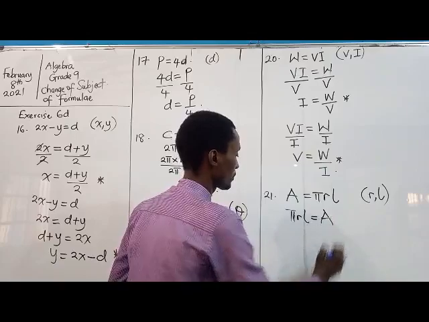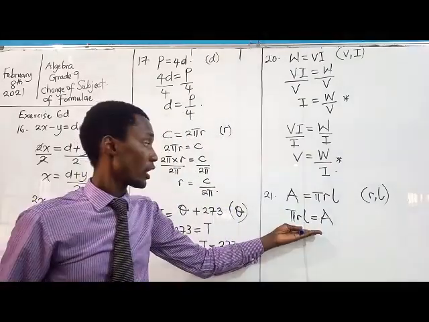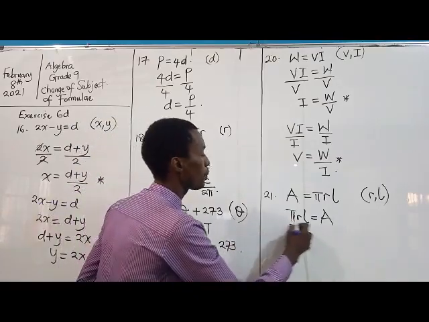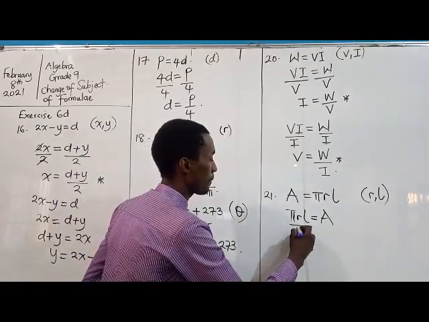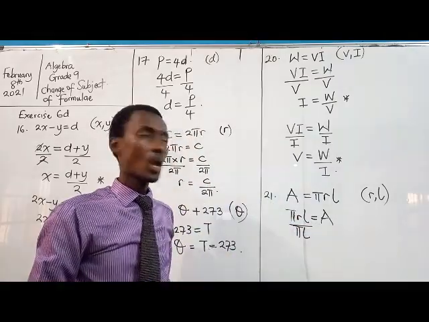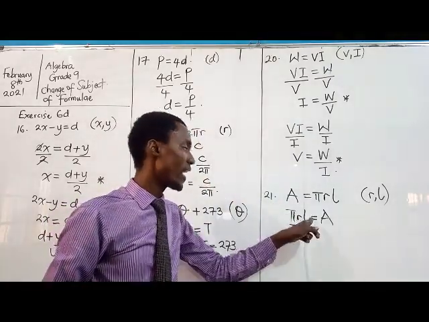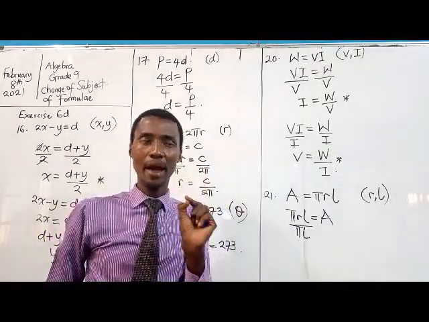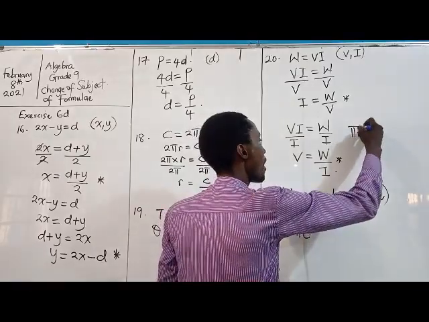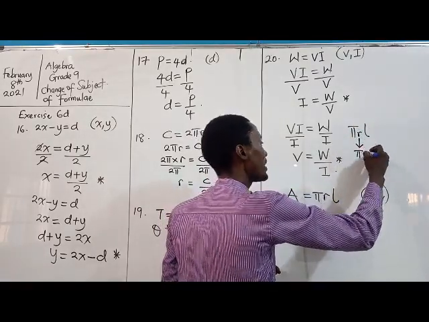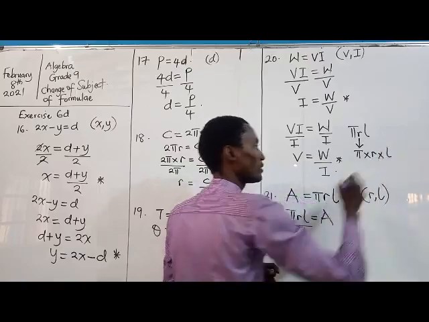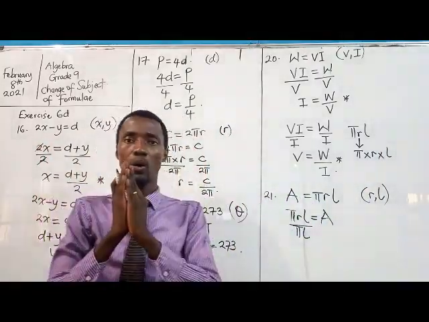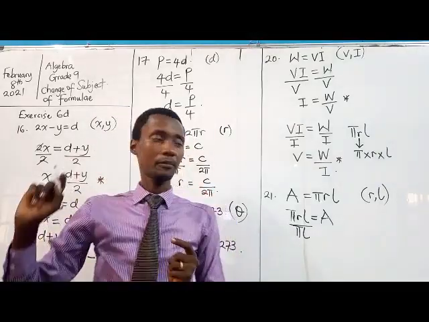pi RL equal to A. So from this point, if we want to get R, we will divide both sides by pi L. I don't need pi, I don't need L, so I'll divide both sides by pi L. Please remember that pi RL will mean pi times R times L. So there are terms that are being multiplied, and if I don't need any one of them, I divide.